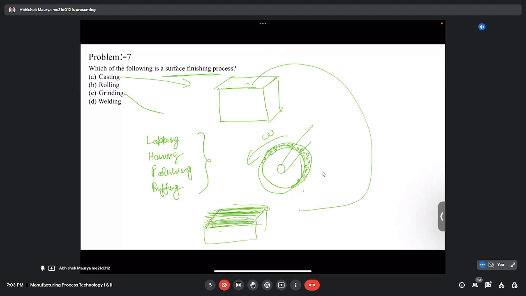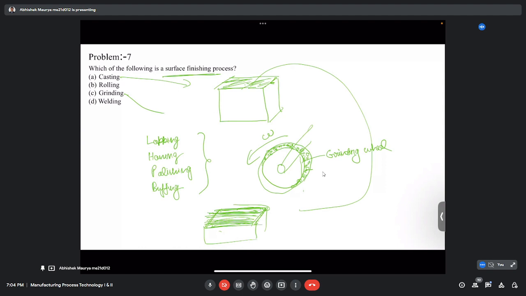So what we did here, we removed a small layer of the material with the help of this grinding wheel.